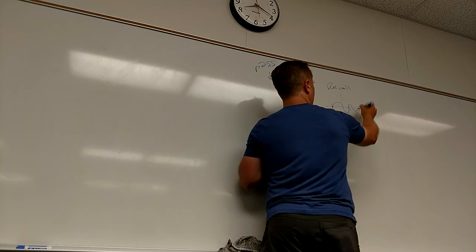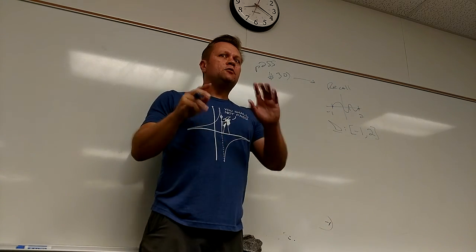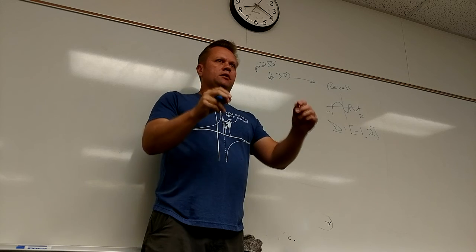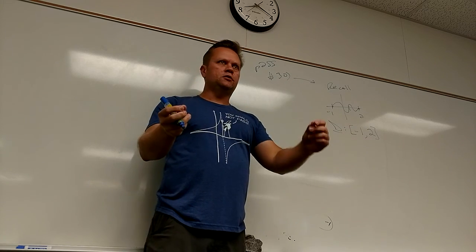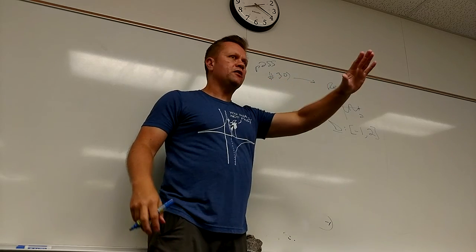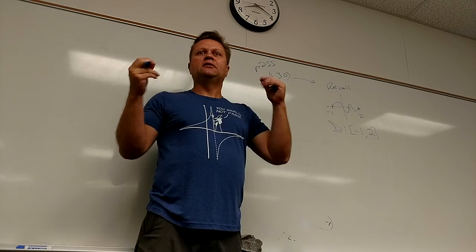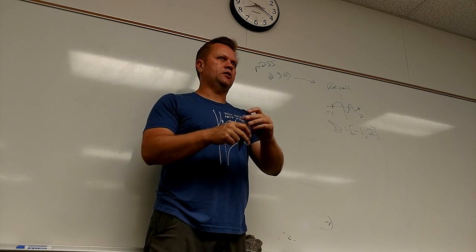Inclusive, both. Interval notation, what does that mean? Does it mean I only use -1 and 2? No. I use everything between -1 and 2. And how many things is that? An infinite number.